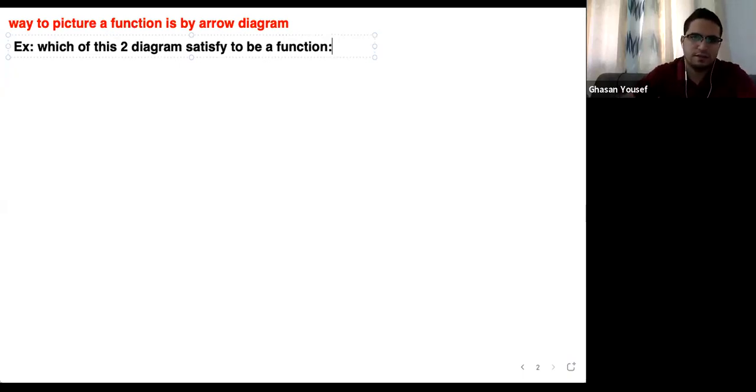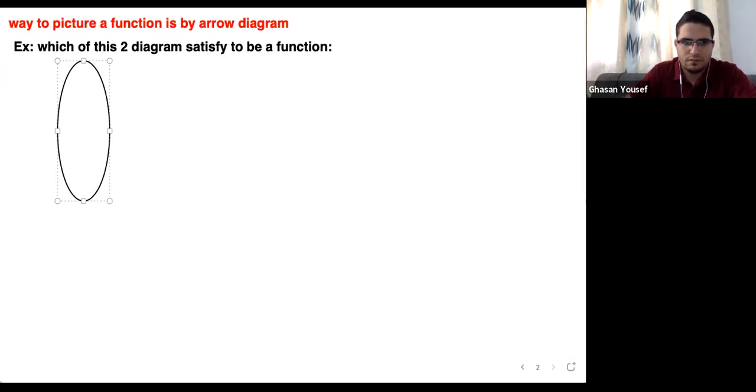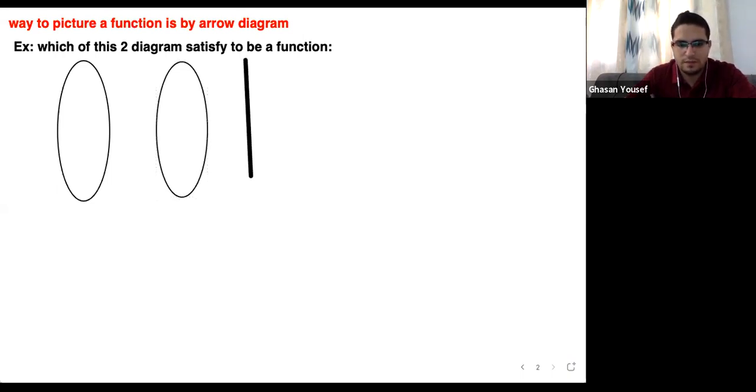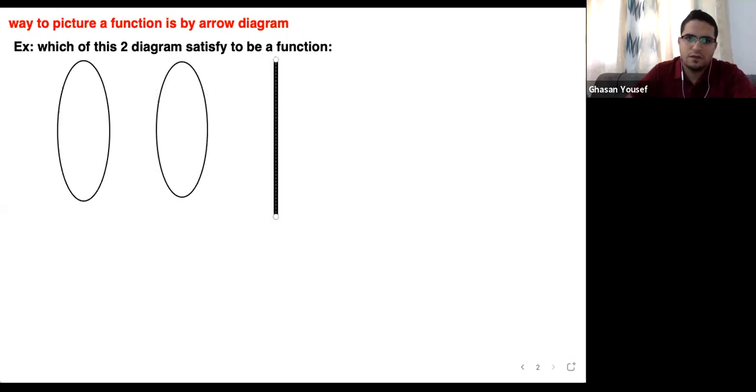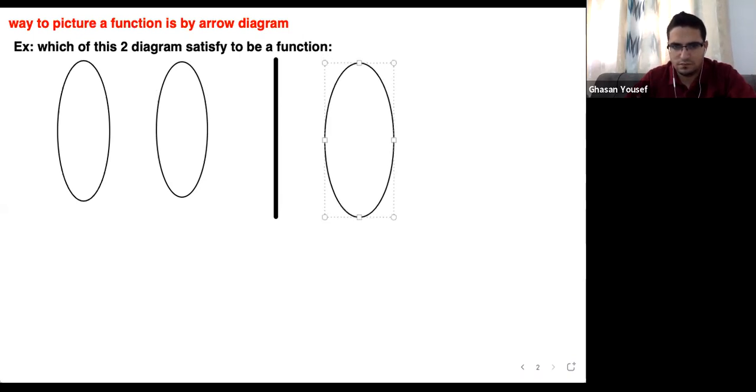The first diagram looks like this. This is my first one. My second one looks like this.